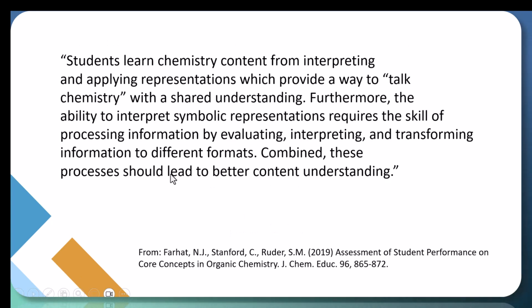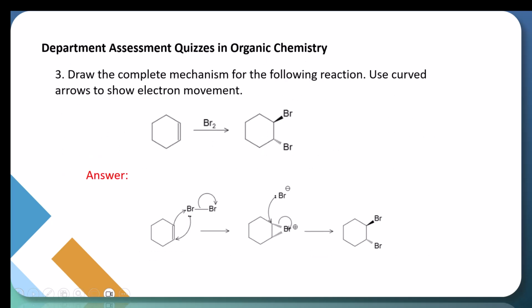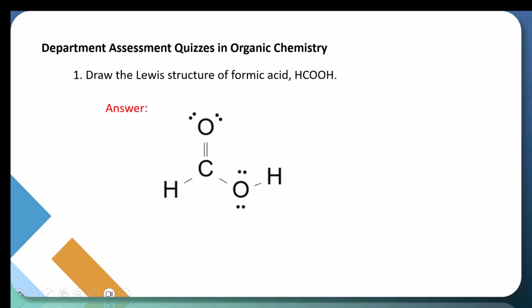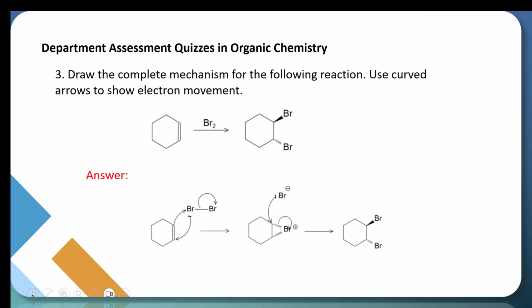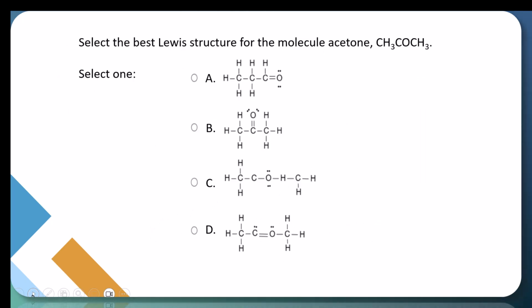I just want to go back. If we take a look at, for instance, the third question, the second question, and the first question, you'll see that all the question describers say draw, draw, draw, draw. So the students actively need to answer these questions by drawing something. So I can get at that when students are handing in paper assignments.